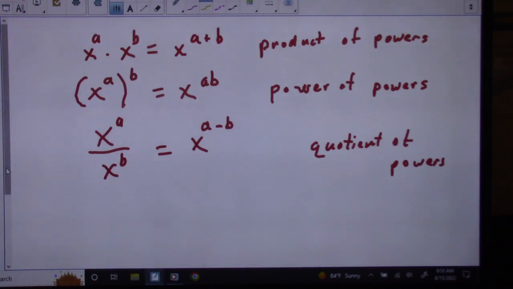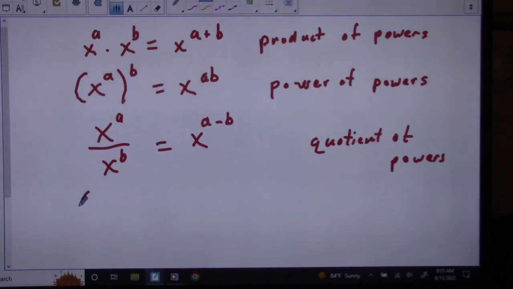There's another one here. If you have x to the power of negative a, what's that going to be? It's going to be 1 over x to the a.